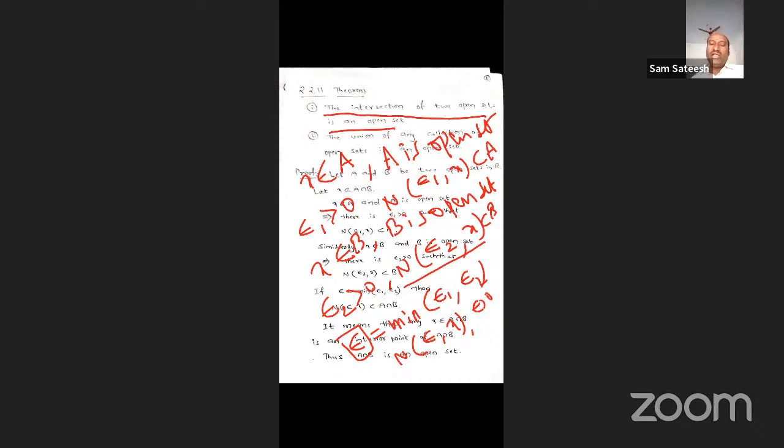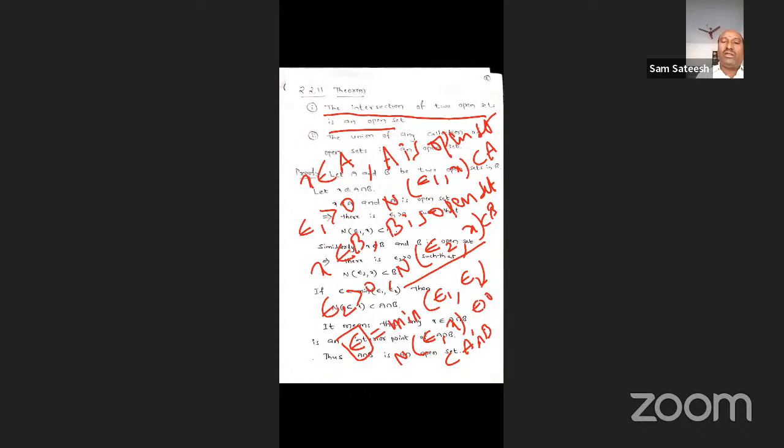The x value is a common point of A intersection B, so x is an interior point of A and B. It means that any x belonging to A intersection B is an interior point of A intersection B. Thus, A intersection B is an open set, by Theorem 2.2.11.